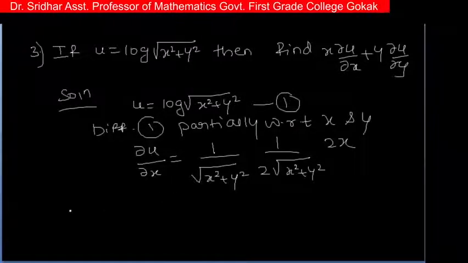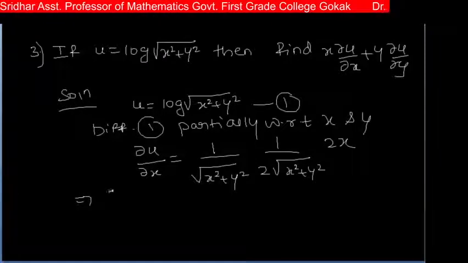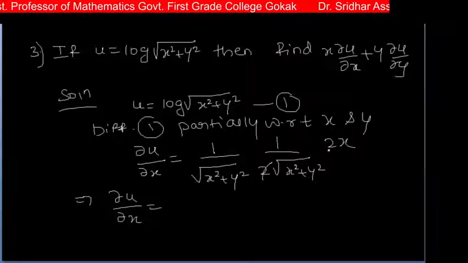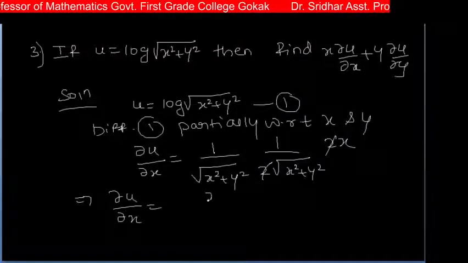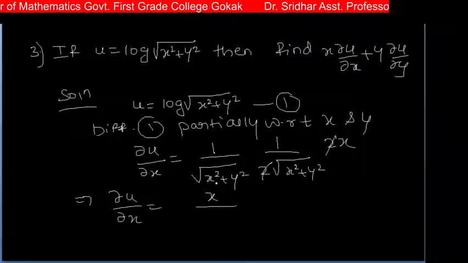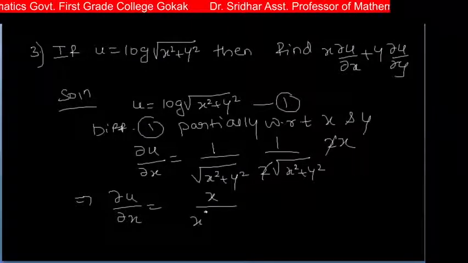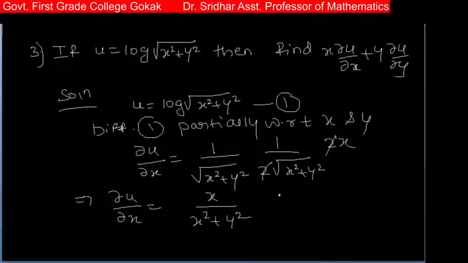Which gives du by dx is equal, here 2, this 2 get cancelled, x divided by square root of x square plus y square into square root of x square plus y square, it is x square plus y square.